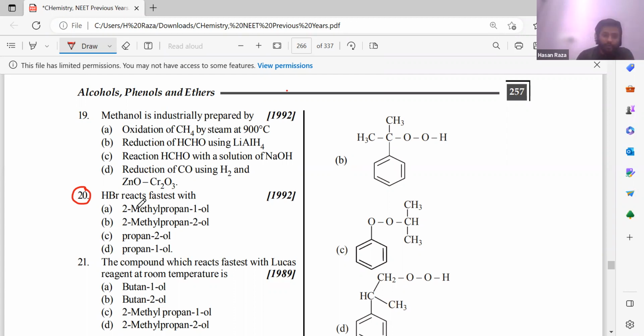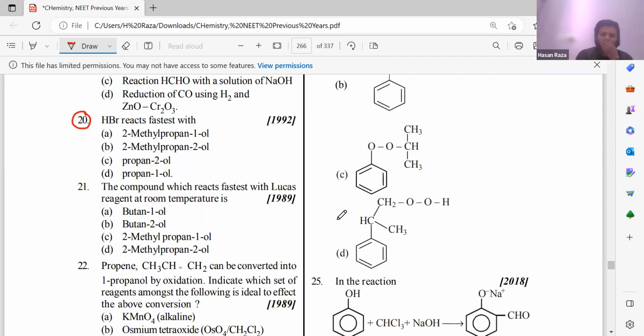HBr reacts fastest with which one? If you are unable to do anything or unable to think anything about the question, just let me know. I'll explain.